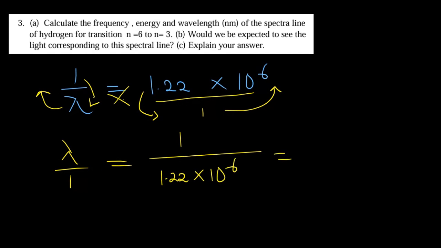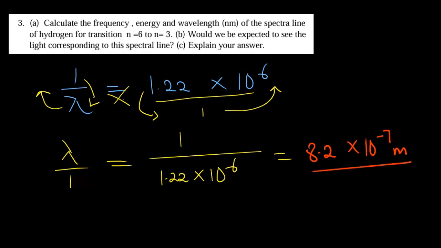Now just punch that into your calculator. So 1 over this, my calculator is giving me approximately 8.2 times 10 to the power minus 7 meters. Make sure you counter check with your own calculator.